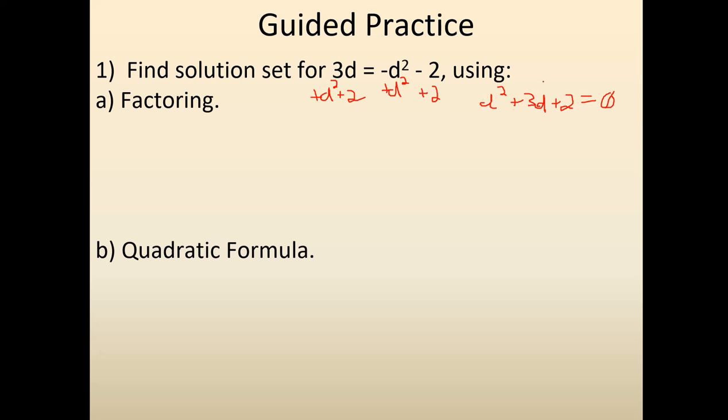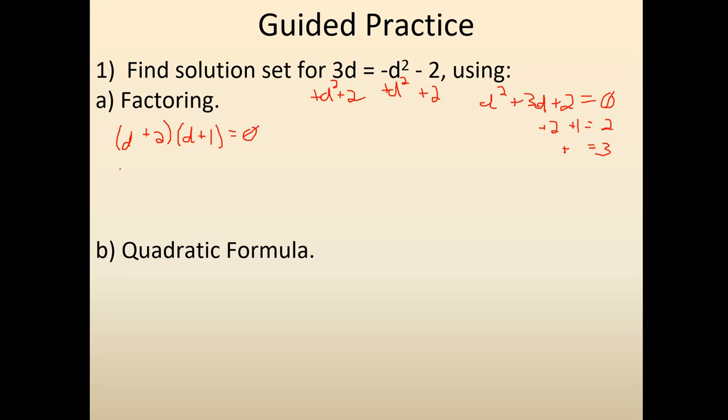Because this is a standard form where the leading coefficient is 1, I can go straight to the factoring. So here, the two numbers will end up being positive 2 and positive 1. When we multiply these, we get 2, and when we add them, we get 3. So my factors are d plus 2 and d plus 1.